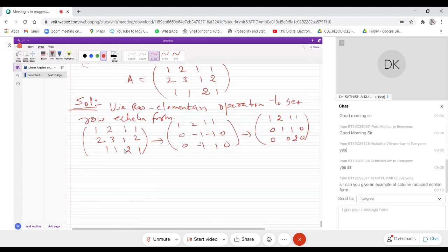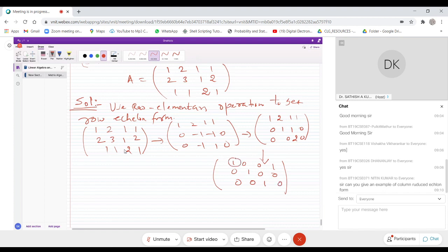Now you can make this number also 0: R1 minus R2. So this will give us 1, 0, 0, 1, 0, 1, 0, 0, 0, 0, 1, 0.